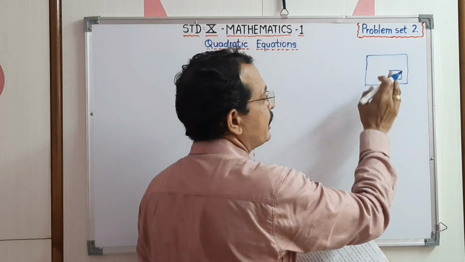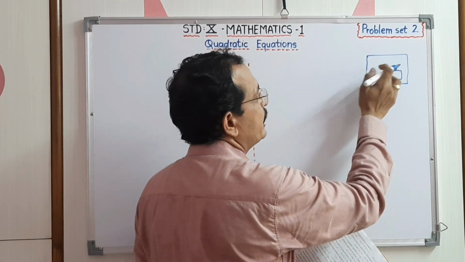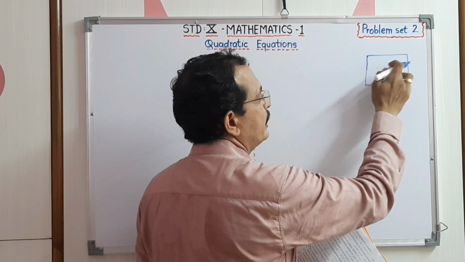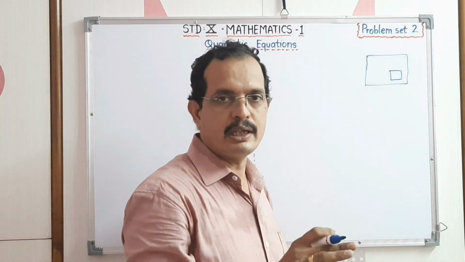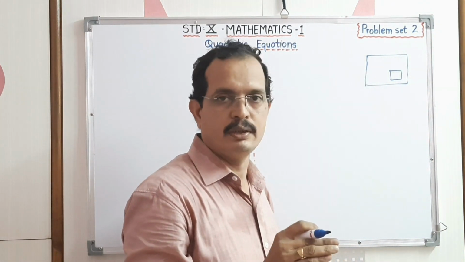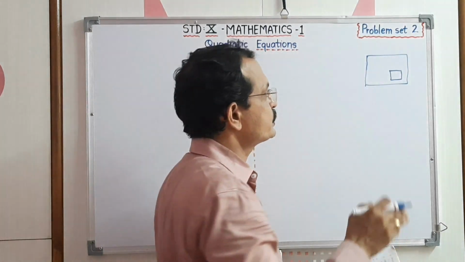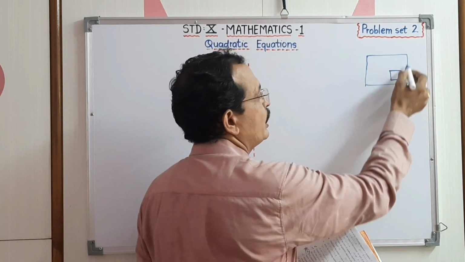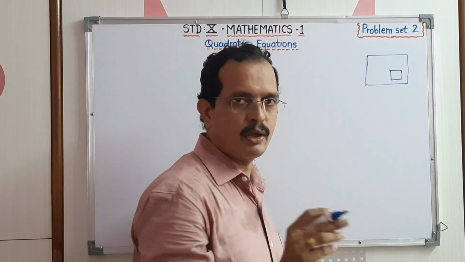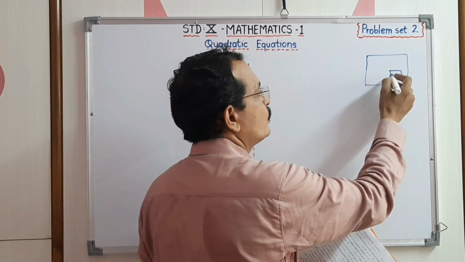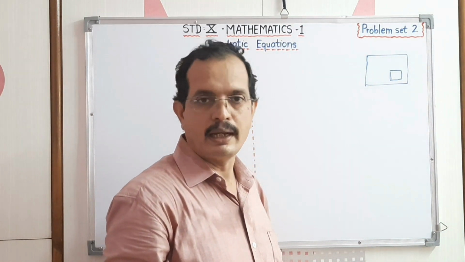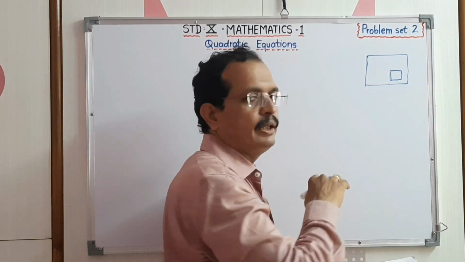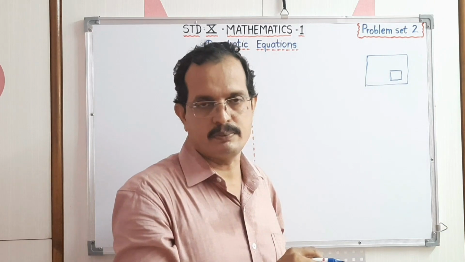That means the relation between the area of this farm and the area of this pond is given. By using that we have to form the equation. That means first of all we have to find out the area of the farm, then the area of this square pond, and then we have to make the equation by using this information.